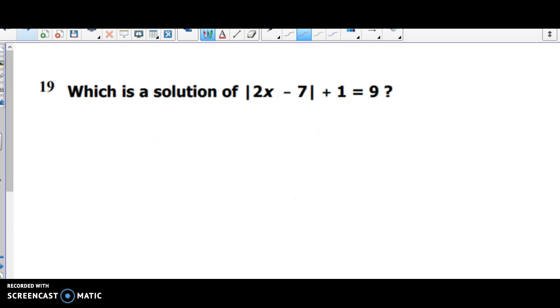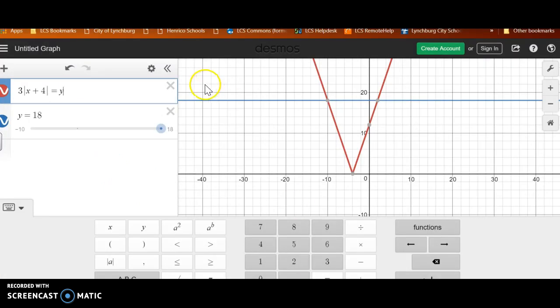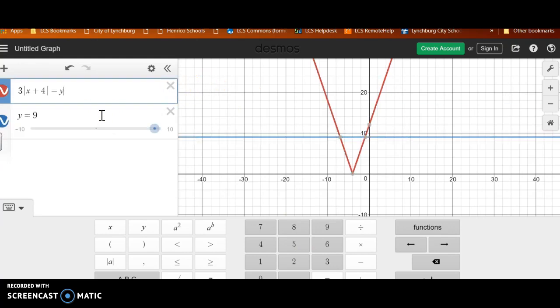The next one, same thing. What's the solution? So let's go to Desmos and see what we get. These are really easy, plugging them in. We want y in this case to equal 9, and our equation for this one is 2x minus 7, plus 1, and then it equals 9.